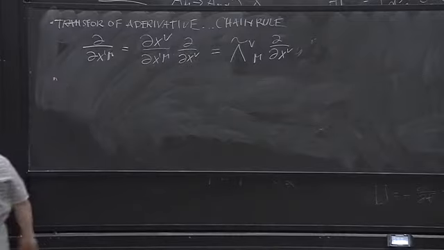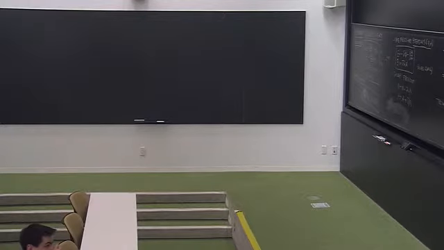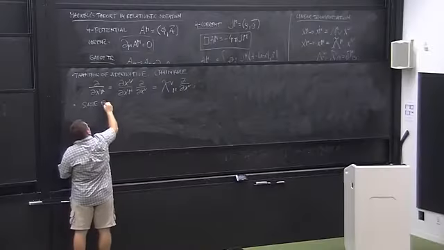So second, I have my Lorentz gauge condition, d mu A mu equals to 0. And I want this to look like the same in the prime coordinates. So what you require is the same form of the equations.